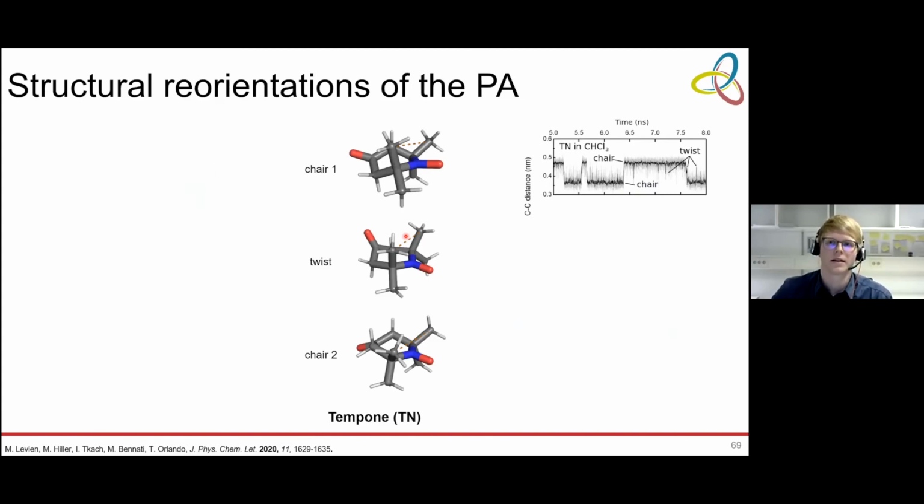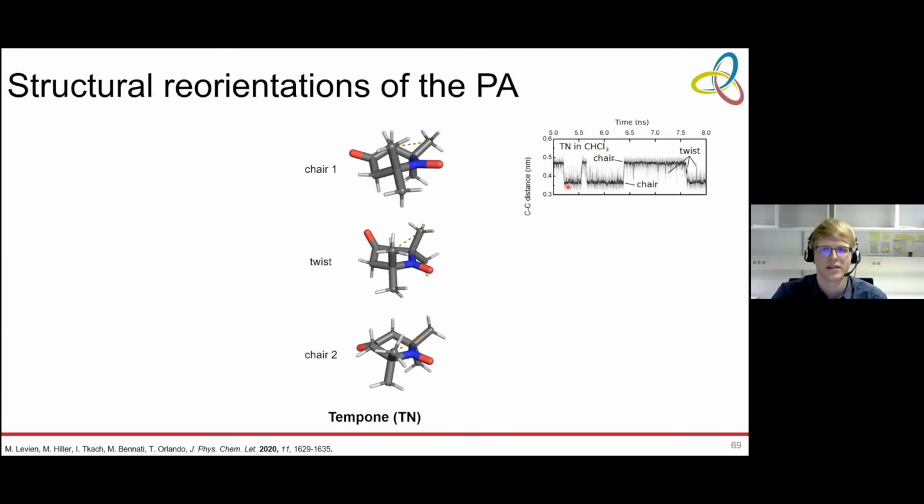And for Tempone, we can identify this if we use the descriptor of these two methyl groups. What you see here on the right is the CC distance of these two methyl groups plotted as a function of the time evolution of the MD run.